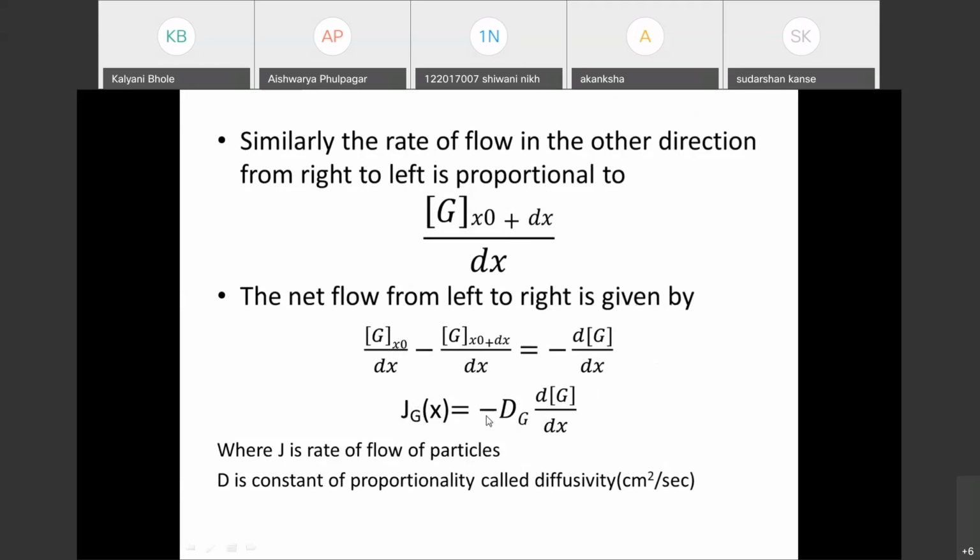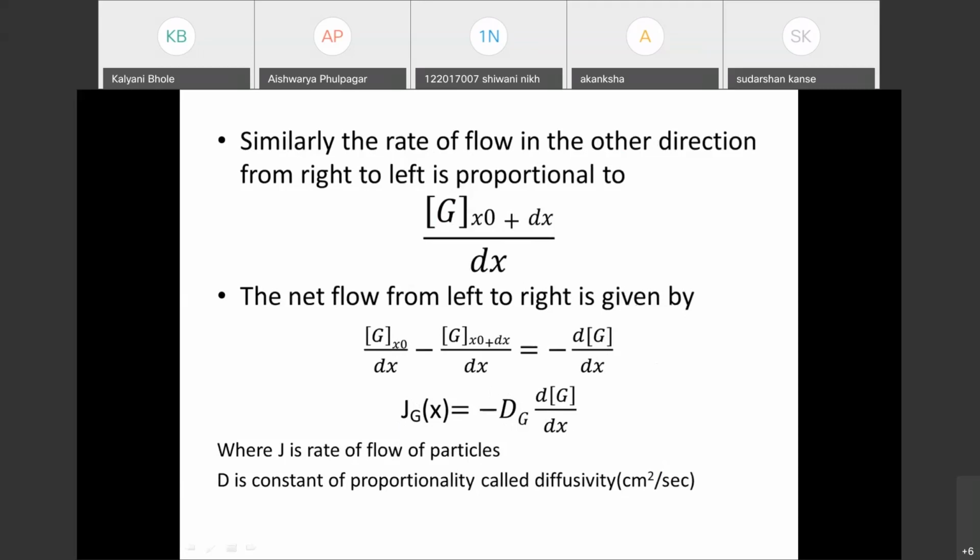So J_G is nothing but minus D_G, where D is a constant of proportionality, also called the diffusivity constant, times dG upon dx. So this is the equation for the rate of flow of glucose molecules.